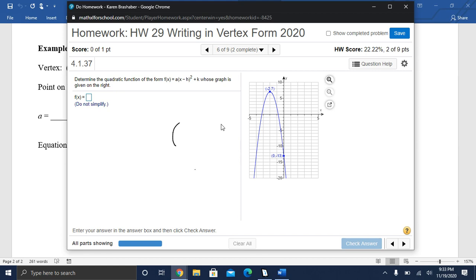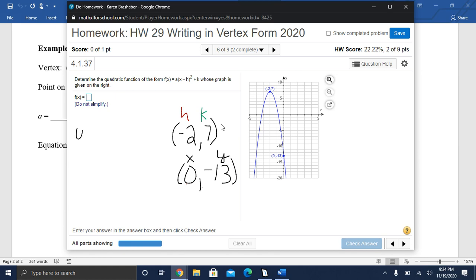And if you're doing this on your own paper, just write it down. Here's your vertex, and then label it so that you know what's what. This is h, and this is k. So if you're doing this on your own paper, this is what you would write down. And then your other point is the 0 and the -13. And again, doing this on your own paper, write it down.